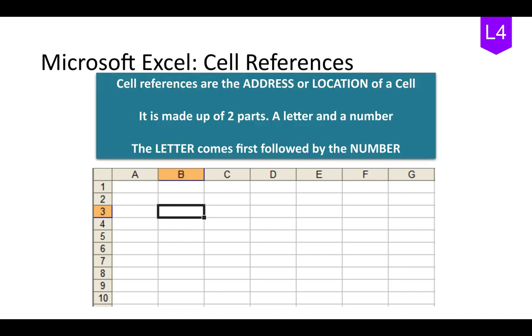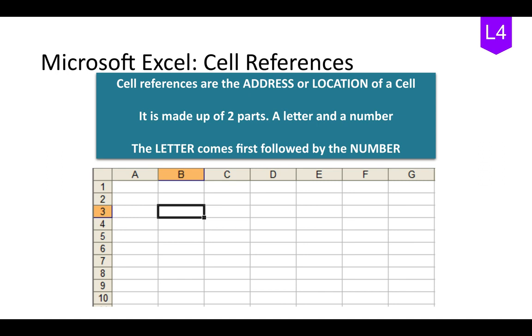So when we want to look at a particular box, okay, or cell, we are going to say its location is made up of two parts. It's made up of a letter and a number. The letter always comes first, and you've got to think of this just like when you do coordinates or grid references, okay? Along the corridor and up the stairs is how we often do it on a graph.